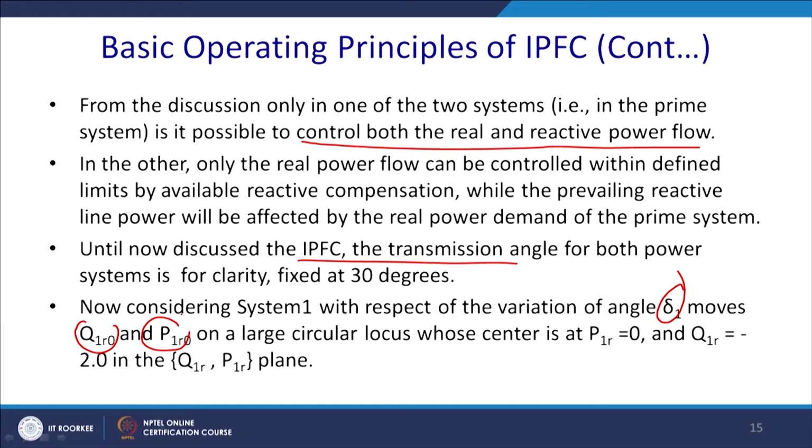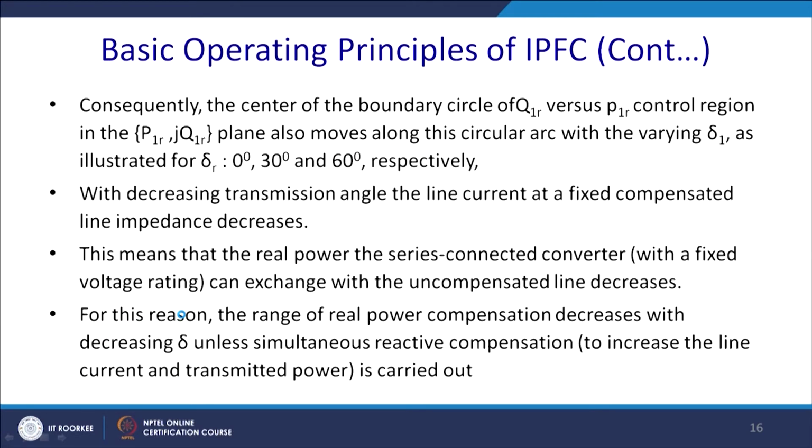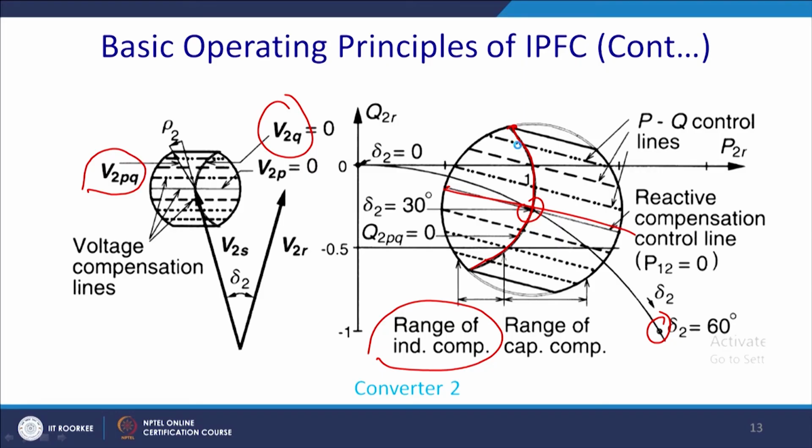Let us see what happened. Consequently, the center of the boundary of the circle of the Q1R versus P1R control region in the P1R and Q1R plane also moves along a circular arc with varying delta 1, which we may find here. So, this is the varying delta.